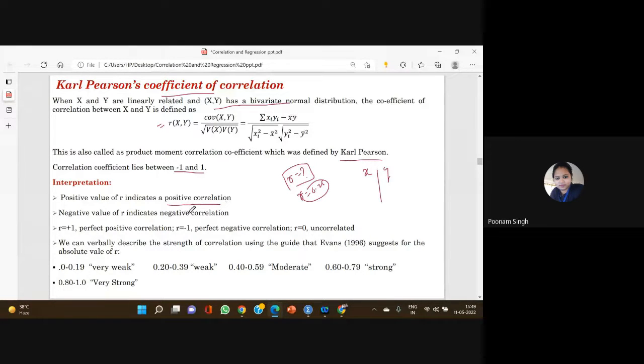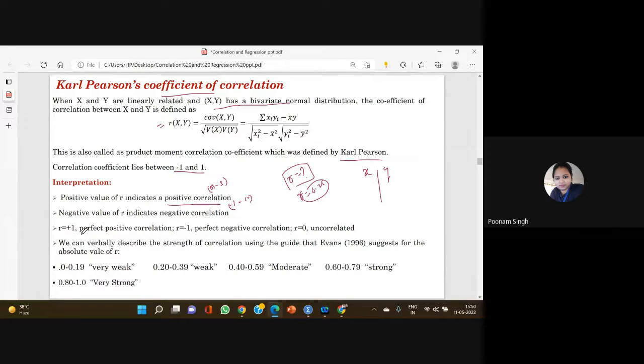If the value of r comes to be negative, it will be in this range only. Positive value means it will be between 0 to 1. Negative value means it will be from -1 to less than 0. Greater than 0 to 1, then positive correlation.